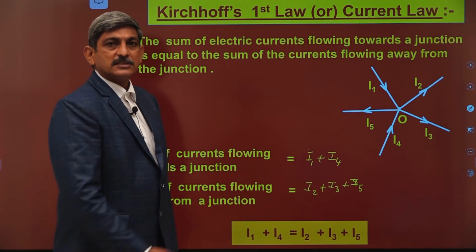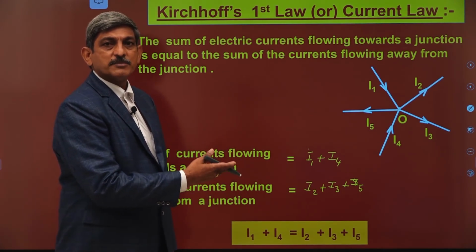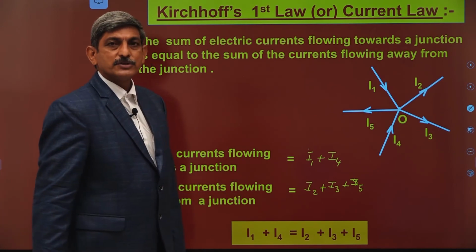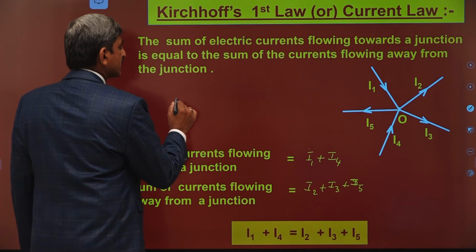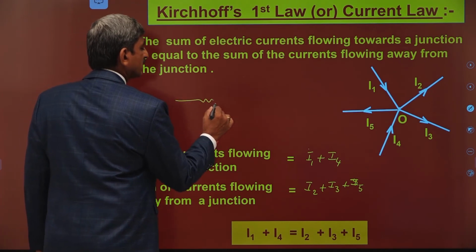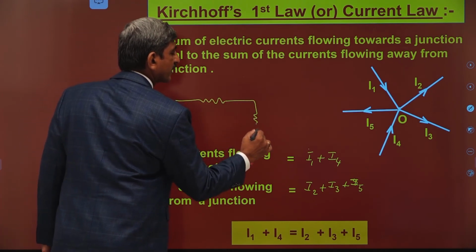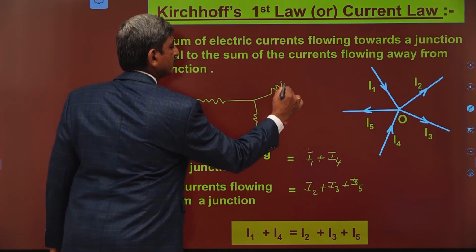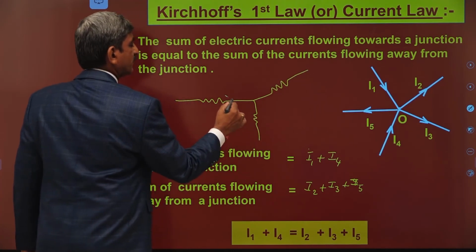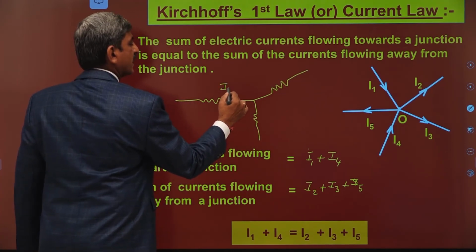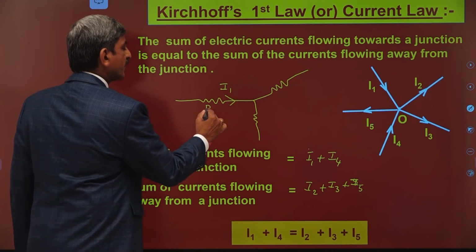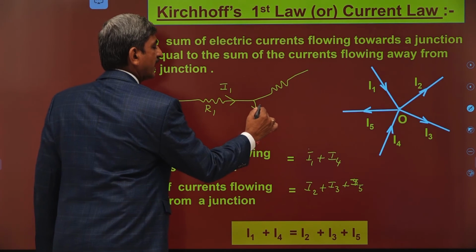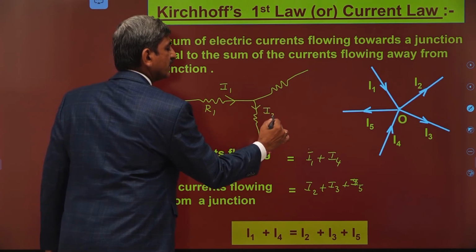Generally, the currents in the branches can be determined by using this Kirchhoff's first law. For example, let us consider a simple network consisting of 3 branches like this. Suppose a current I1 is flowing through the first resistor of resistance R1 and a current I2 is flowing through the second resistor.